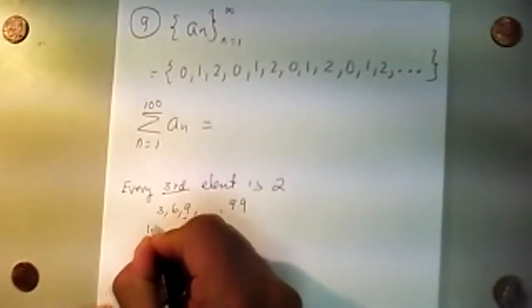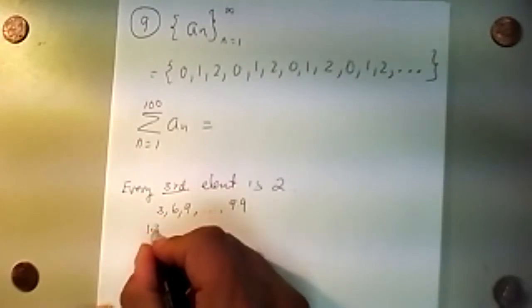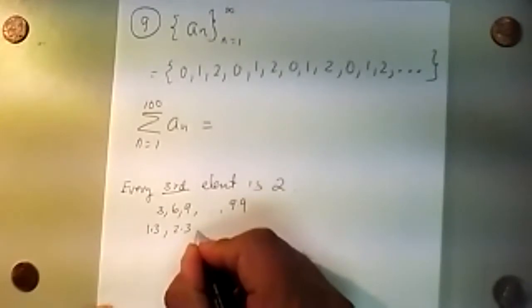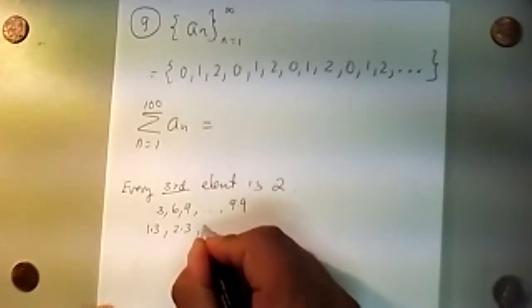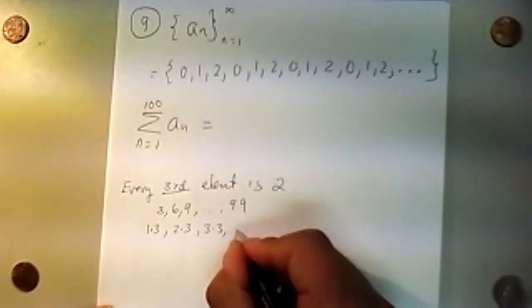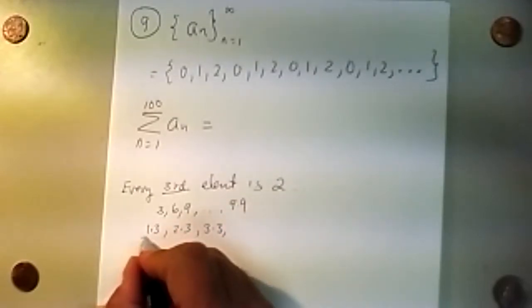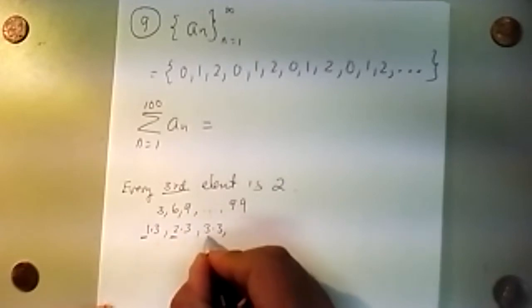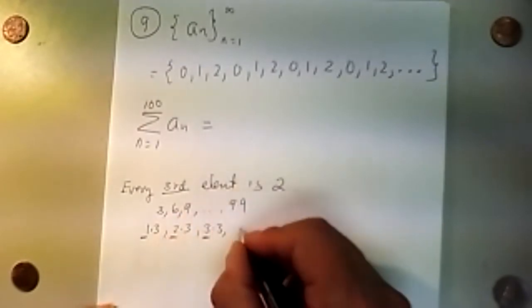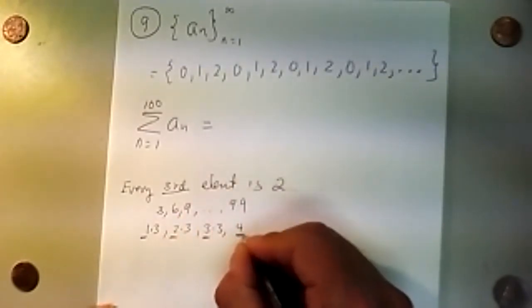This 3 is 1 times 3. 6 is 2 times 3. 9 is 3 times 3. Well, all of them are something times 3, but the first factor is already counting for us. The next number would have been 12, which is 4 times 3.